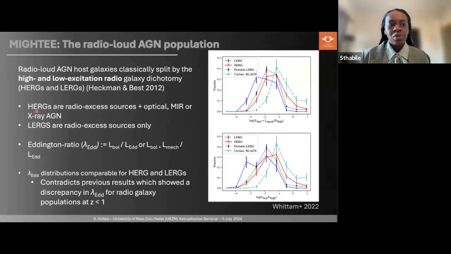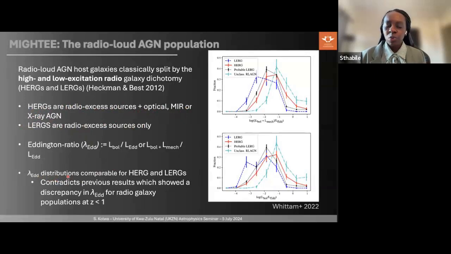And going on to take our MIGHTEE sources and classify them as radio excess sources, and for optical AGN or mid-infrared AGN or X-ray AGN when they're HERGs, and then radio excess sources only when they're LERGs. This paper, and Imogen Whittam led this study, looked at the Eddington ratio distributions for these two distinct populations.